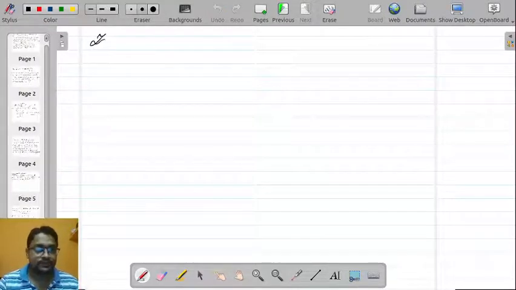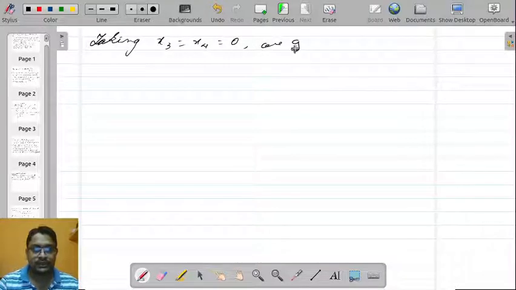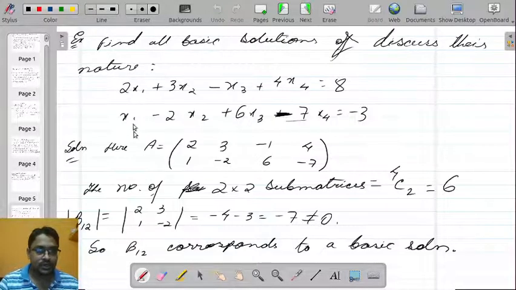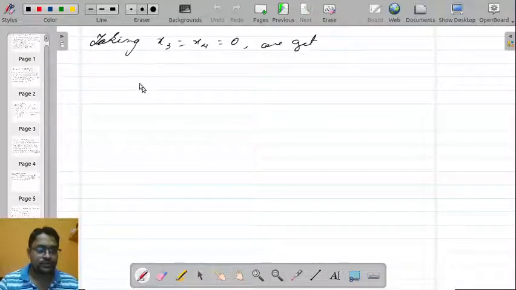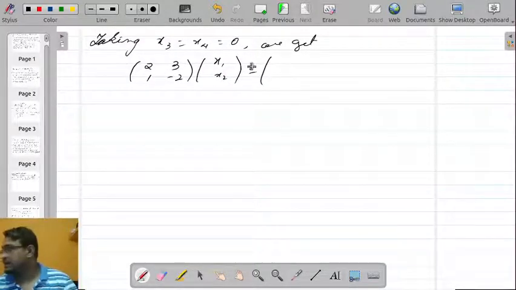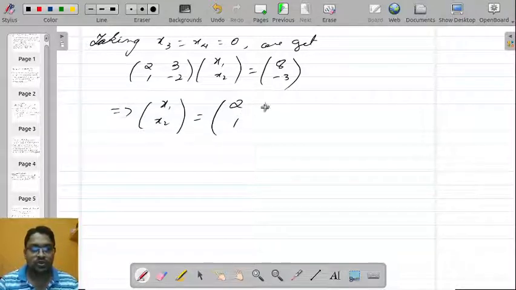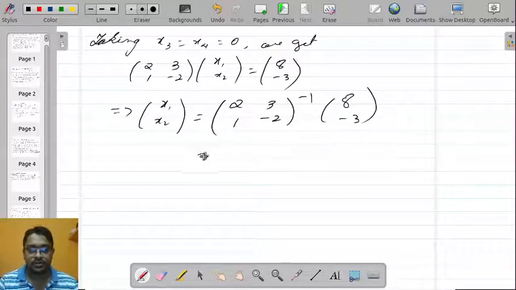Taking X3 equal to X4 equal to 0, we get, in matrix form, 2 1 3 minus 2 times x1 x2 equal to, the right side is the same, 8 minus 3. So x1 x2 is nothing but the inverse of 2 1 3 minus 2 times 8 minus 3. You try to compute this.